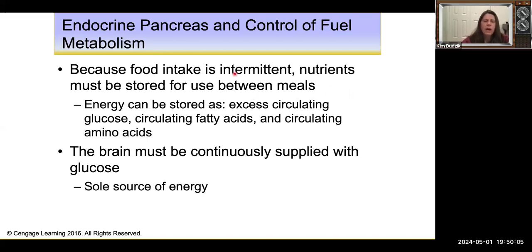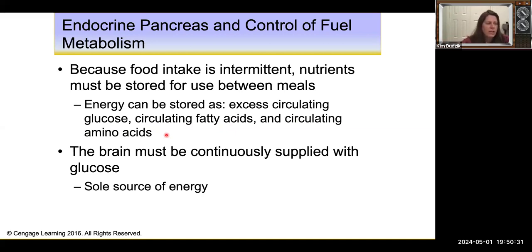So again, our food intake is intermittent. So then we store those excess circulating glucose molecules, fatty acids, and amino acids. Okay. And so a couple of terms to remember that we store these metabolic fuels during what's known as the absorptive state.